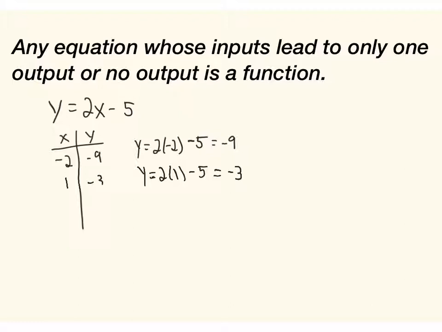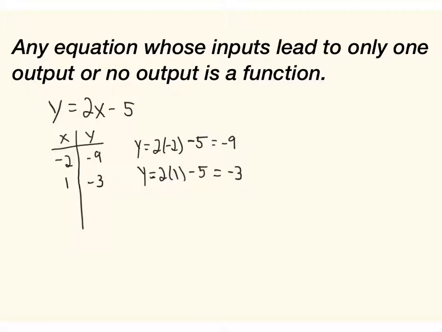So in this case then, this formula and formulas like this, or equations like this, only give us the opportunity to get one output value for each input value. There's nothing in this structure that allows anything differently.